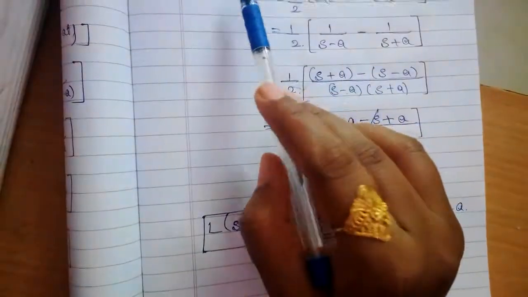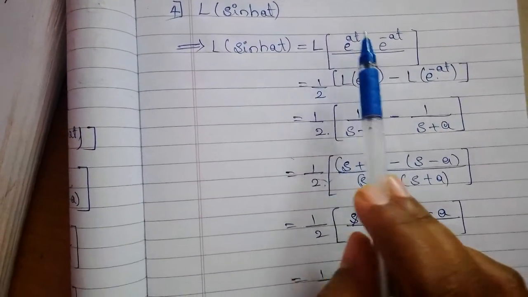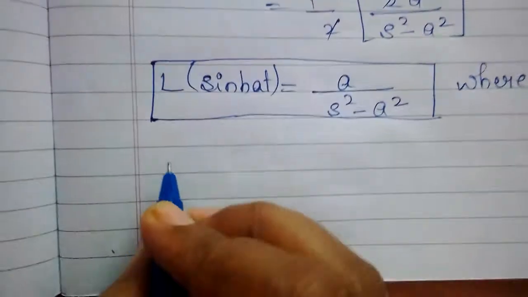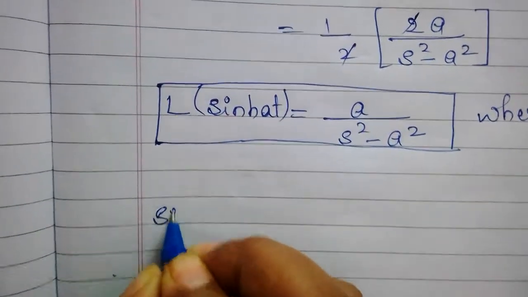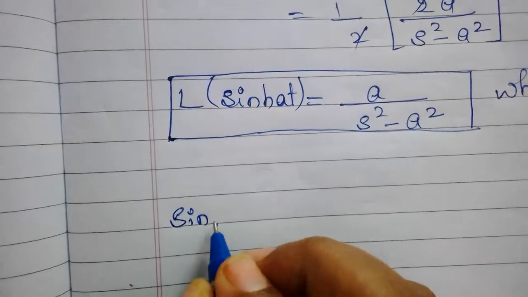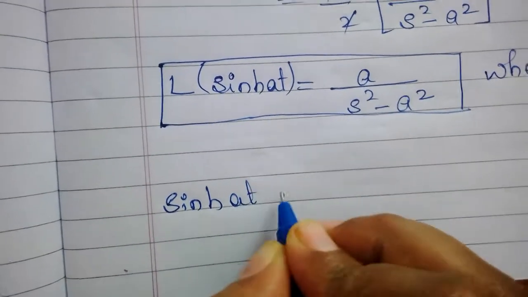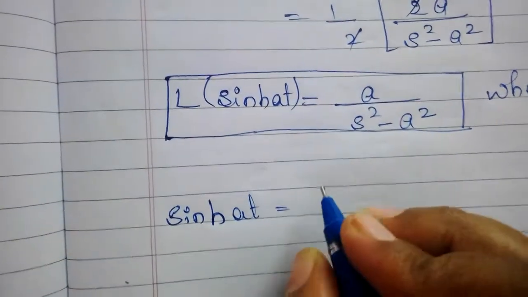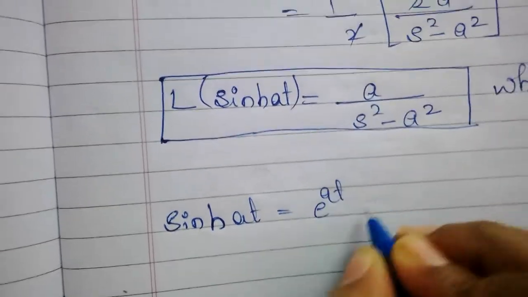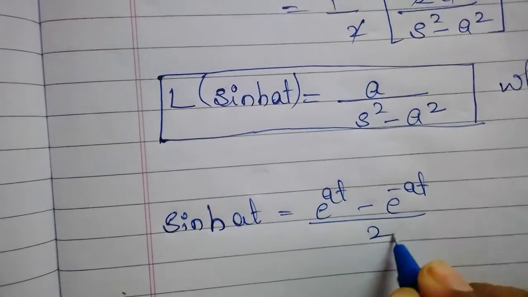See here, first we have to use the result of sinh at, which is equal to, result of sinh at is e raised to at minus e raised to minus at divided by 2.